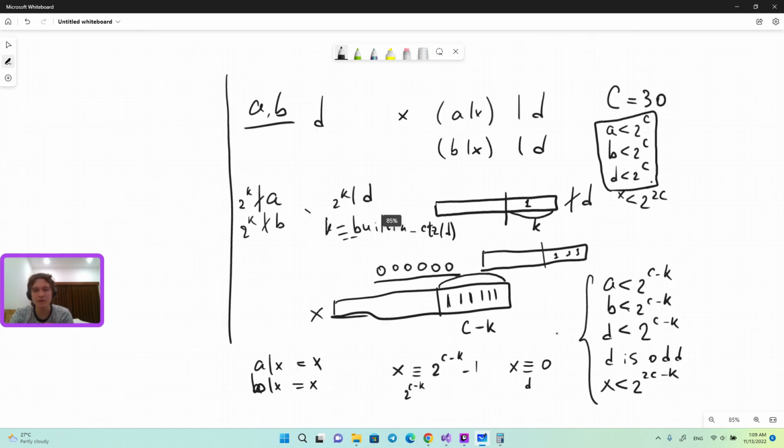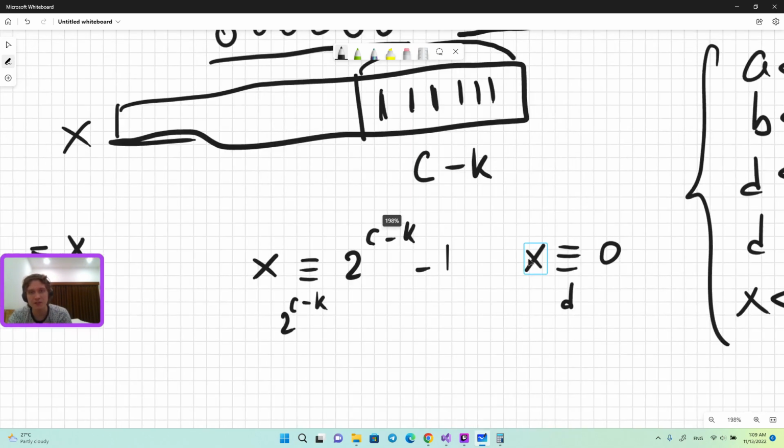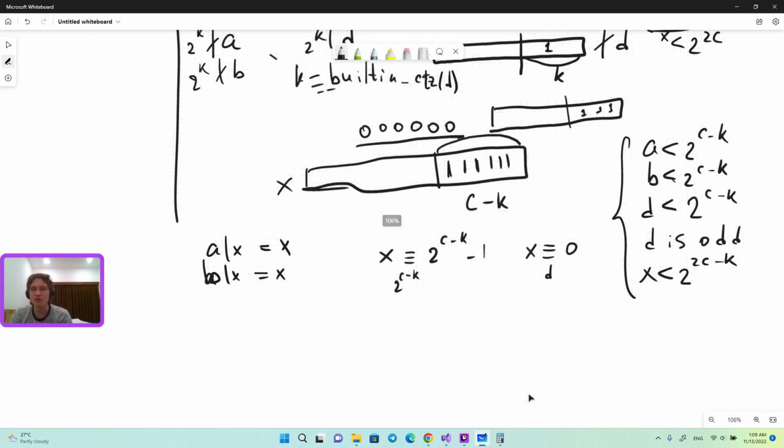And this is solved in the following way. Suppose that you already know that these are ones. Then you just need to find some number here. Let's denote it by y. So you need to take x equals y times 2 to the power c minus k plus 2 to the power c minus k minus 1.